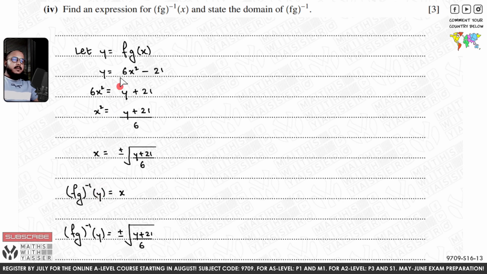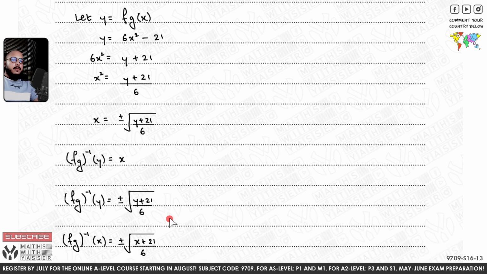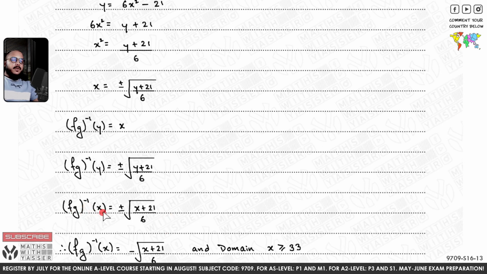Now, since y is equal to fg(x), therefore fg inverse of y must be x, which means fg inverse of y must be plus minus the square root of (y plus 21) over 6. So fg inverse of x must be plus minus the square root of (x plus 21) over 6.